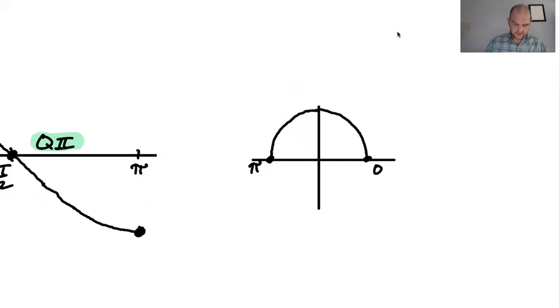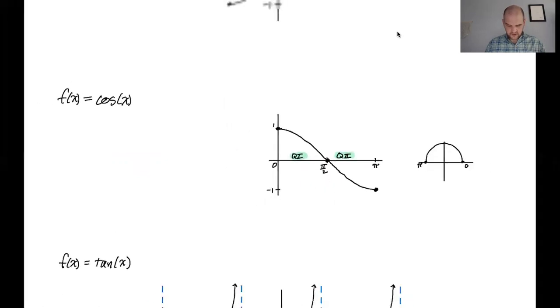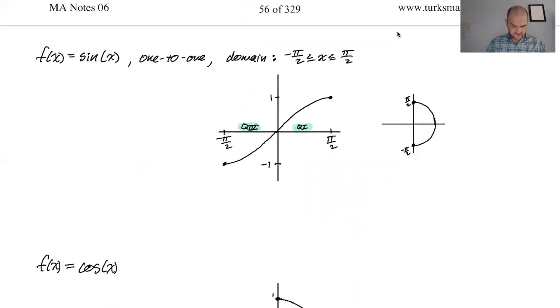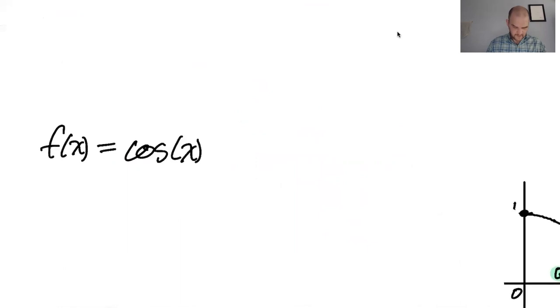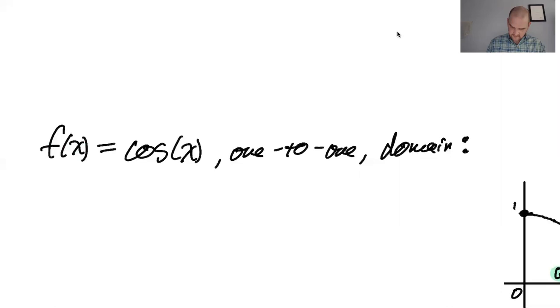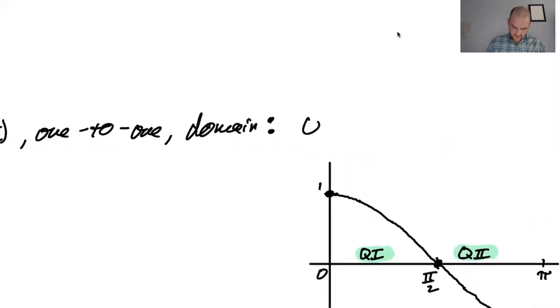So this picture, I fall back on the unit circle picture all the time. So what did we make this? This is 1 to 1, and that means the domain, 1 to 1. And the domain that we kept is 0 to pi. Am I using theta?